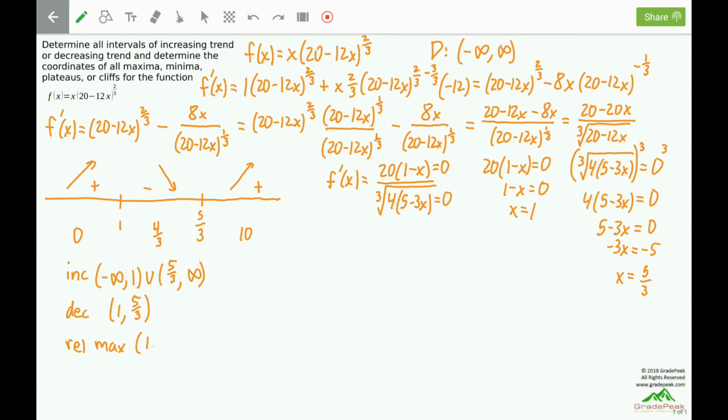It has an x-coordinate of 1, and it has a corresponding y-coordinate that can be found by plugging that 1 into the original function.